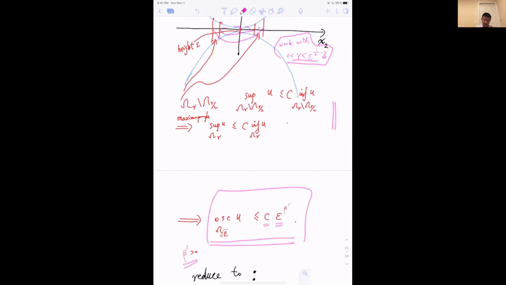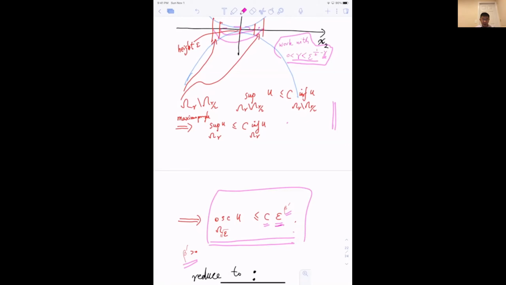So this Harnack will tell you that if you take this cylinder of root epsilon size, your U has oscillation in there like epsilon to a power. Because of this power, we are able to gain an earlier estimate by beta power.